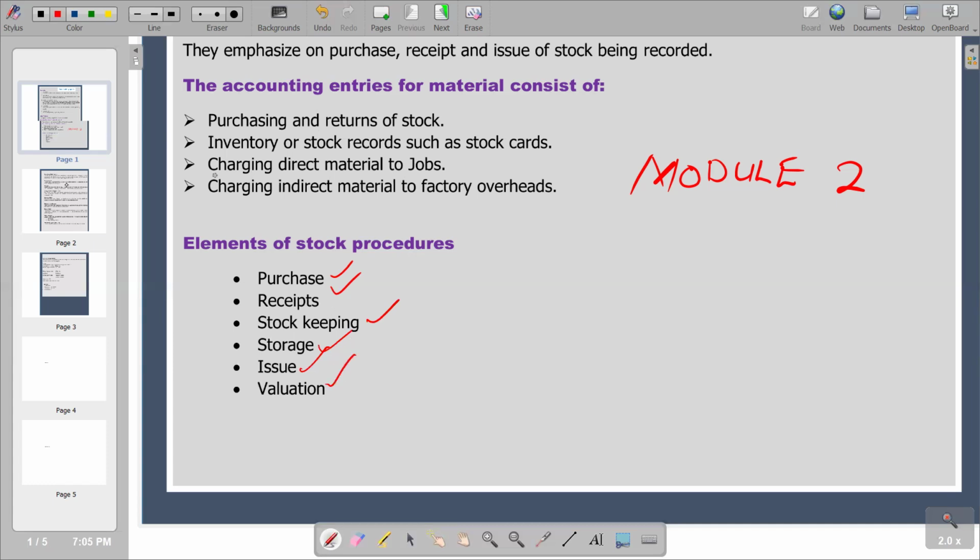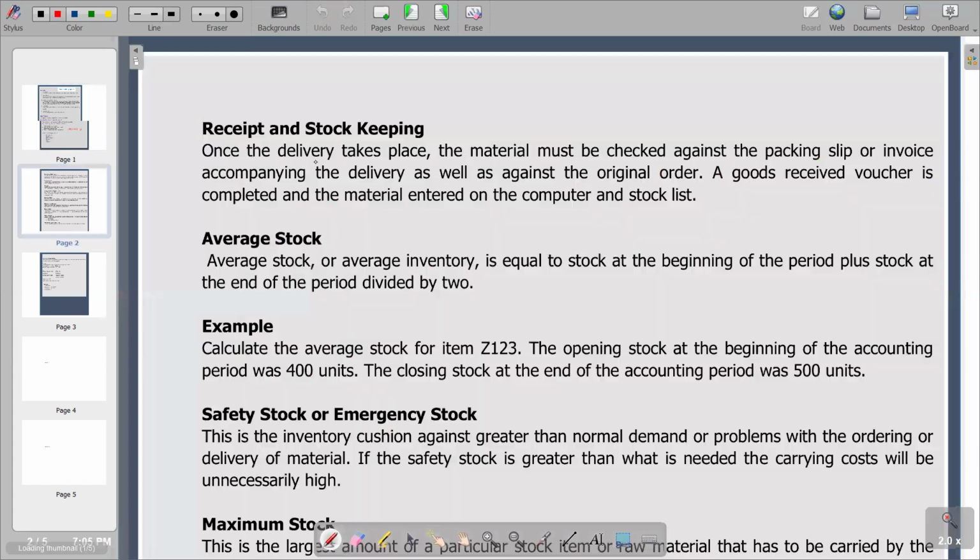In this video, I'm going to start on receipts, where we have receipt and stock keeping. Material must be checked against the packing slip or invoice accompanying the delivery, as well as against the original order. So when we are receiving, we also have to check the order. Remember, for us to purchase the goods, I would have ordered the goods first.